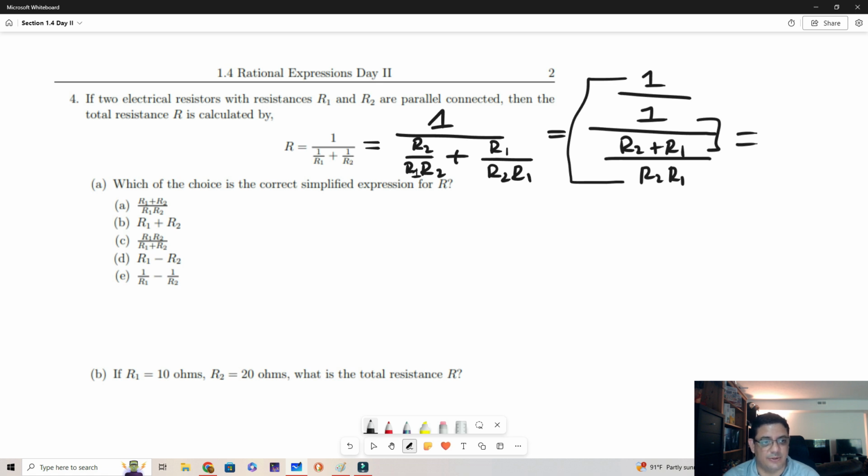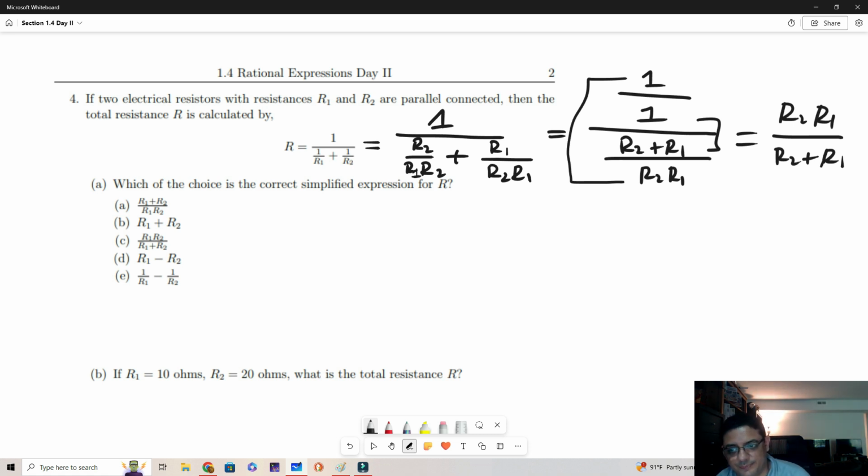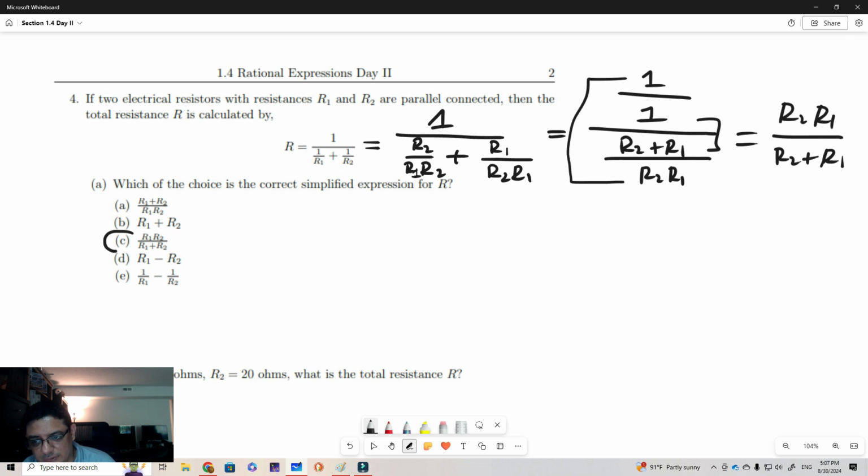Now notice that the top is going to multiply with the very bottom, and I'm going to get R2 times R1 over R2 plus R1. And that is how you complete this. So the answer is here, at least for A.